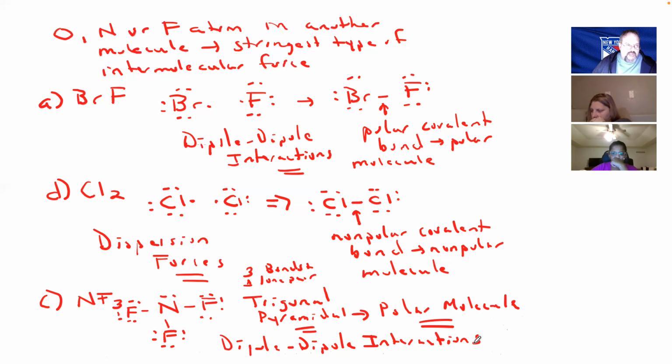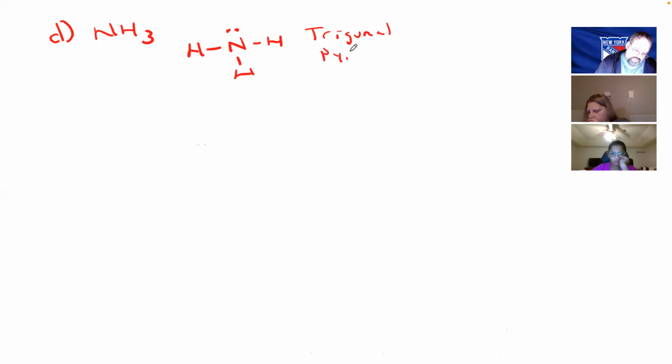I'll just show you one where hydrogen bonding would be prevalent. NH3. If we put the hydrogen together with the nitrogen, we again end up having a trigonal pyramidal shape.